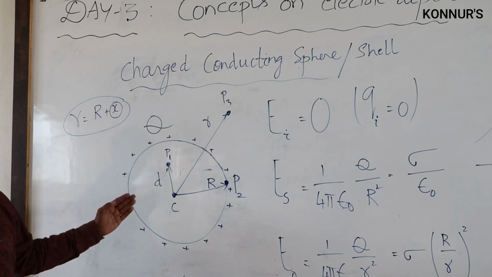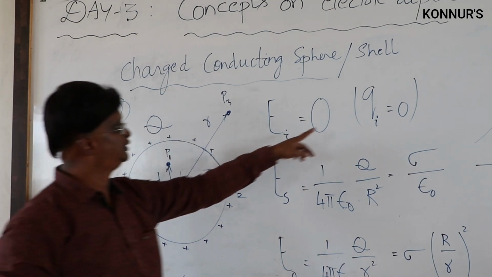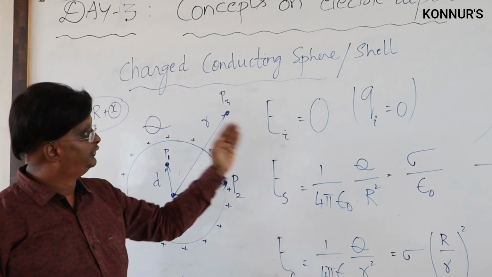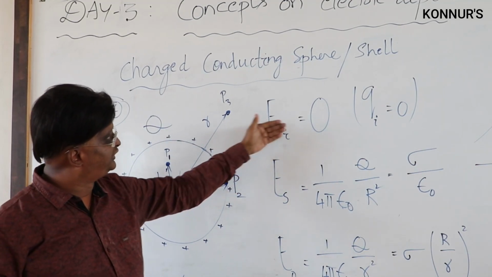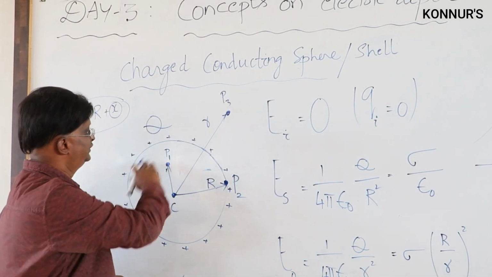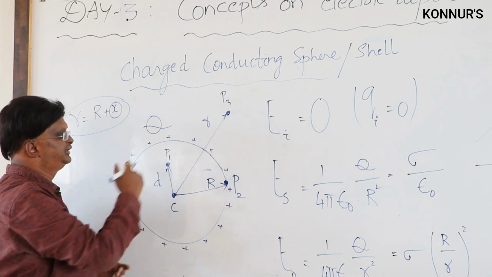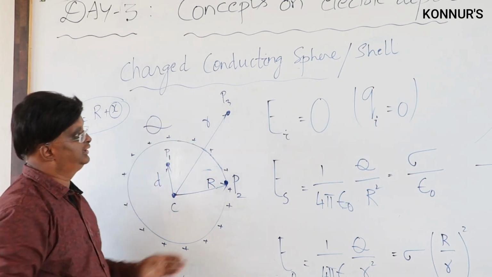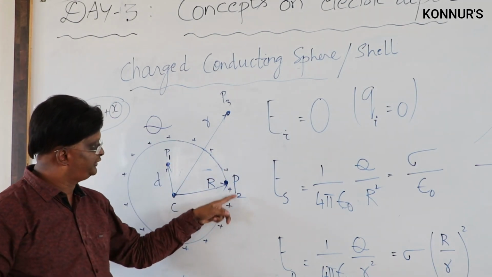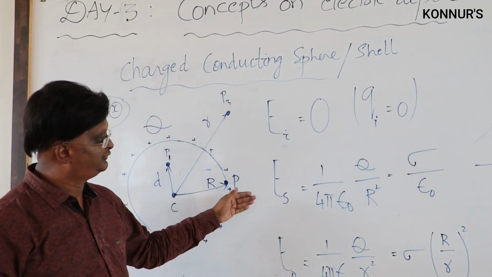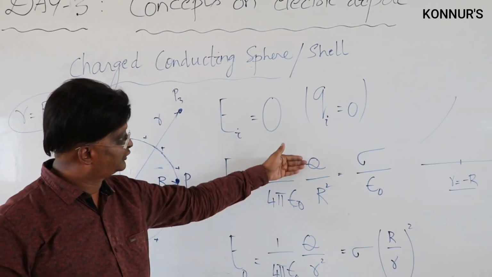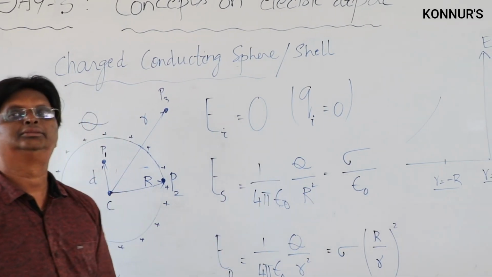Now here comes the inside point. We have said there is no net charge inside the sphere, and therefore no flux, and hence the intensity is 0. So for any point inside the surface, the intensity is 0. Whereas for P2, a point on the surface, you will find the intensity as 1 by 4 pi epsilon naught Q by R square.